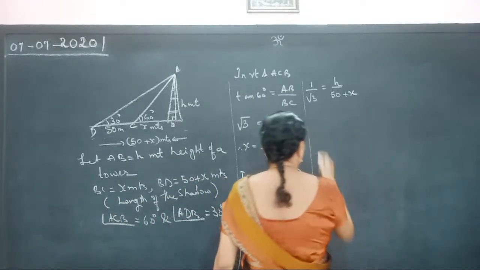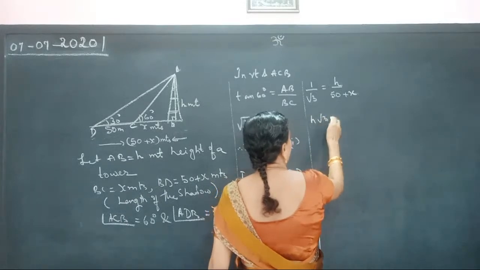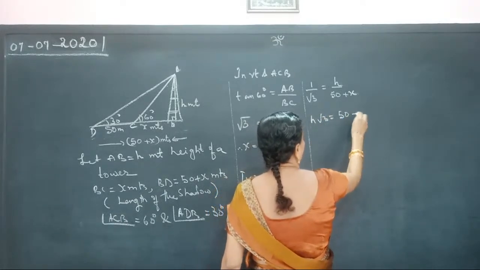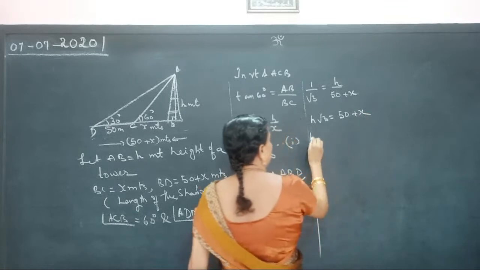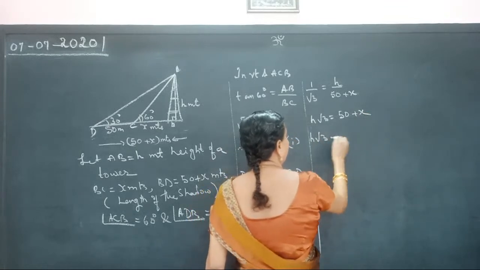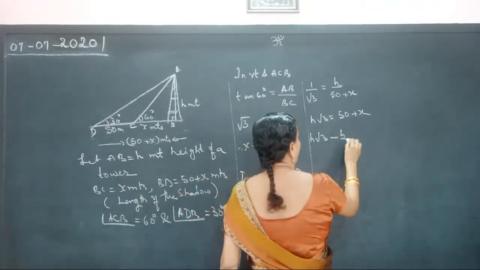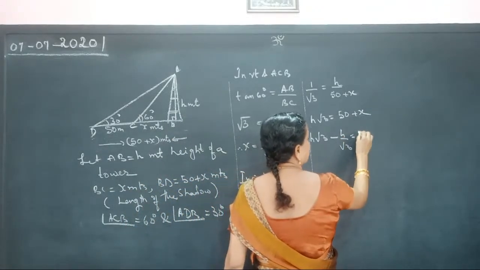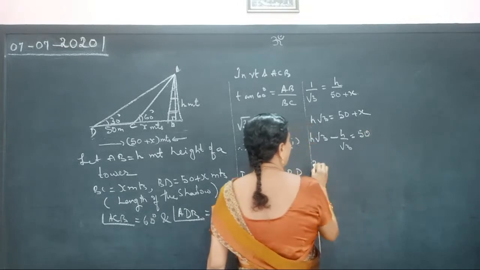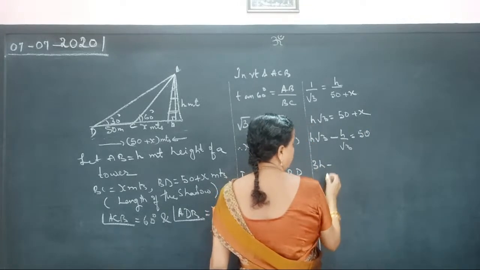What you get? H root 3 equals 50 plus x. H root 3 minus x can be taken as h by root 3 equals 50. I think we have done this type of question.